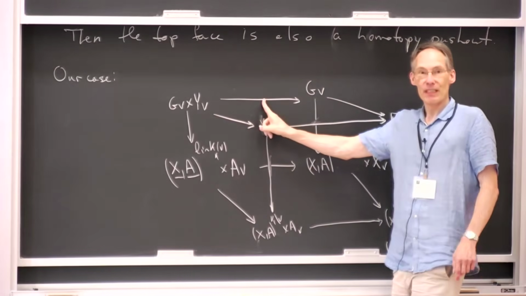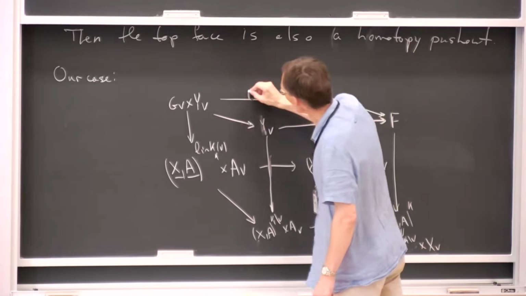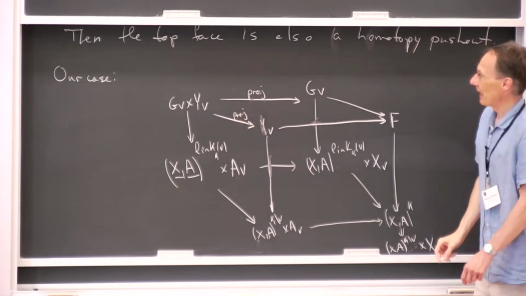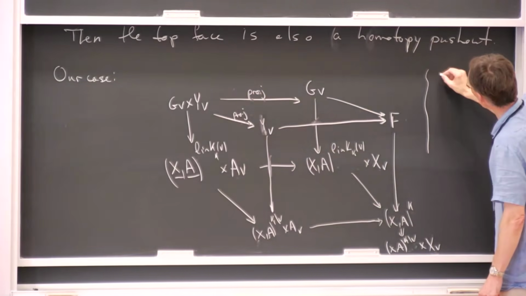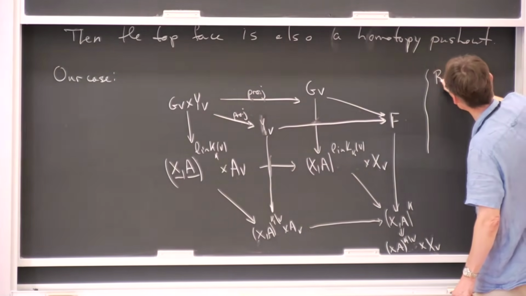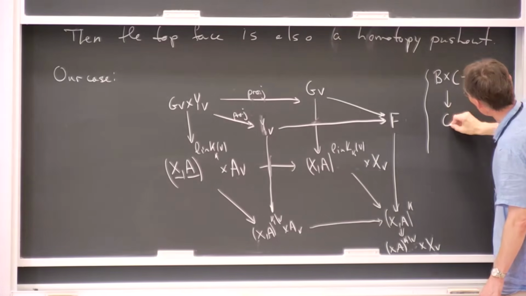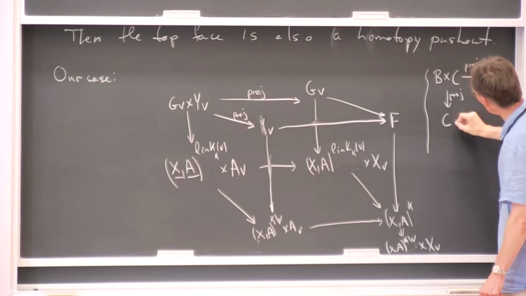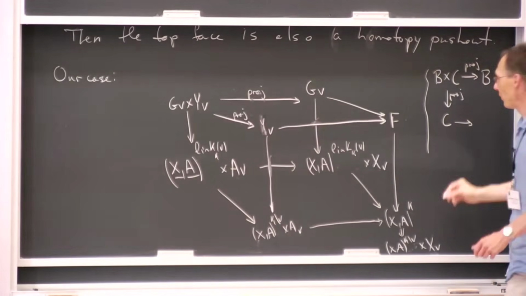And if you play around a little bit, you'll see that these are both projections. And whenever you have a general thing, if you have a B cross a C, and you project to B and project to C, then its homotopy pushout is a join.